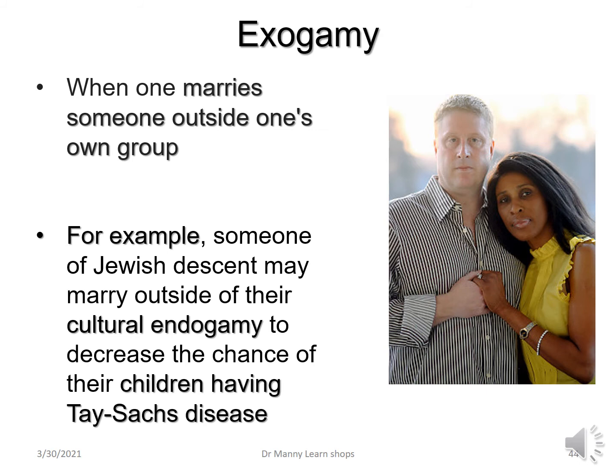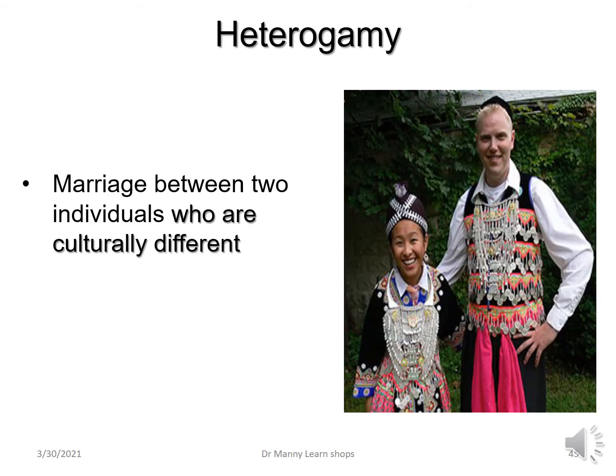For example, someone of a Jewish descent may marry outside their cultural endogamy to decrease the chance of having children with certain congenital anomalies that are transferred genetically. Heterogamy. This is marriage between two individuals who are culturally different.